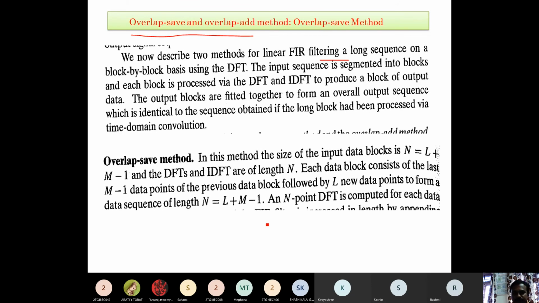Once again, it is the mathematical steps. There are tricks and mathematical steps. Save and add method differ by a small change, but if you change a little in the save method or the add method, the work becomes different. But it is very, very fast. Whatever length of sequence you give, the work is done immediately and the output comes. But the calculation remains the same: how to do the DFT, how to do the IDFT, by using the shortcut method, or the frequency domain or time domain.